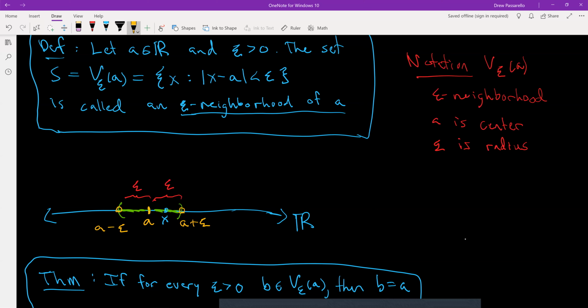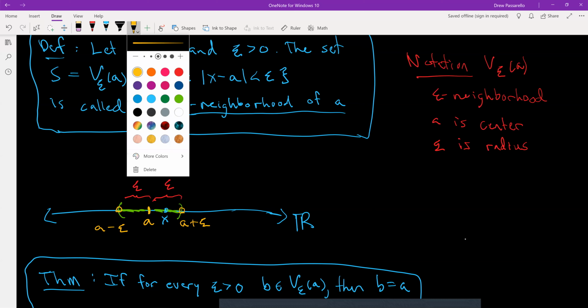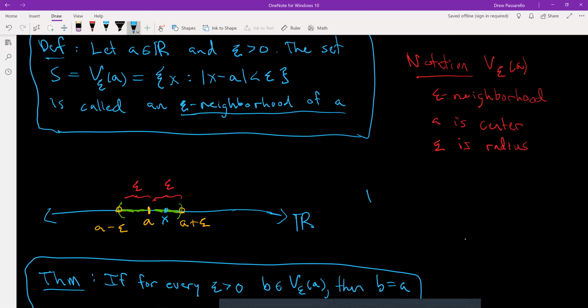So we could think of the neighborhood as an interval. It's the interval a minus epsilon, comma, a plus epsilon. That's the interval format for our inequality for our neighborhood, and that's called an epsilon neighborhood around A.